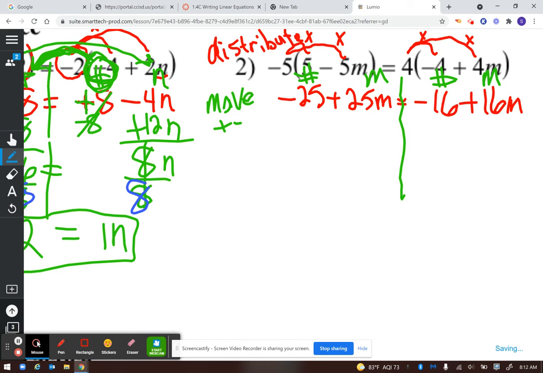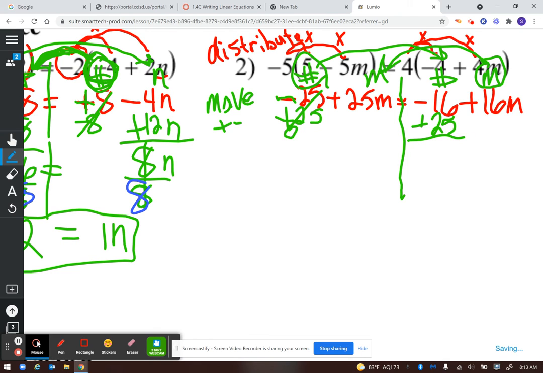So when you move them, you need to move the m's with the m's and the numbers with the numbers. Just like in football, all of one team goes to one side. So opposite side, opposite sign, instead of minus, it'll be plus, because that equals 0. And then you move it over there with the rest of its team numbers, which is plus 25.